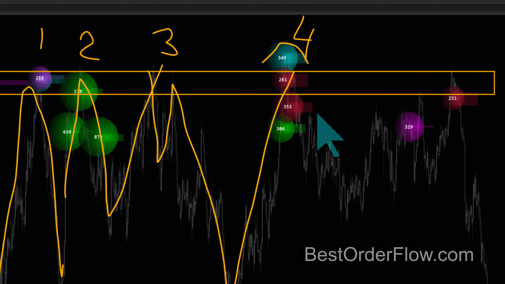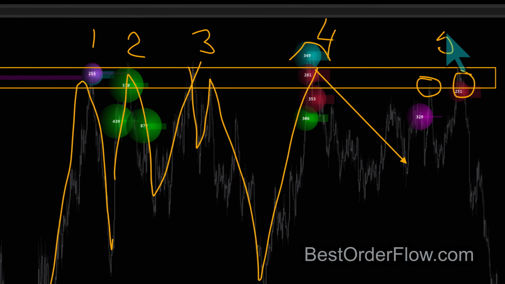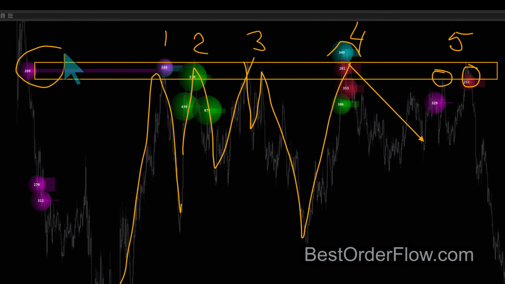This is the 4th, and then we tried to penetrate this level again unsuccessfully, and a second time unsuccessfully. That was really getting close to this zone, trying to make the breakthrough, but we couldn't. And so we can actually trade this zone again from here or from here. This is the 5th bounce from that very zone.